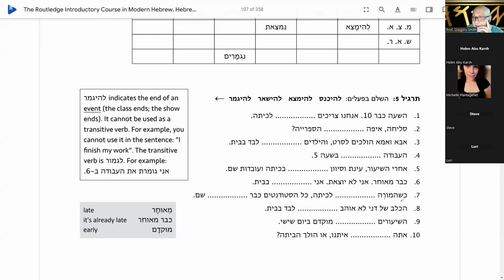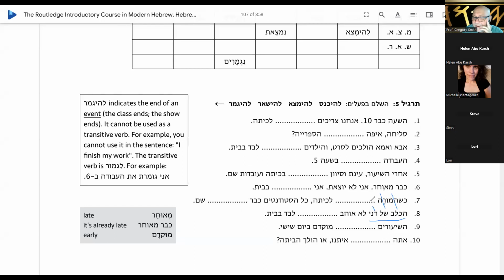Hakelev shel Dani, the dog belonging to Danny, lo ohev, does not like what? And actually, in this case, it's going to be to stay. So I think we're going to use the lahishaer in there. So let's put it all together and see what it is. Hakelev shel Dani, lo ohev, lishaer levad babayit.